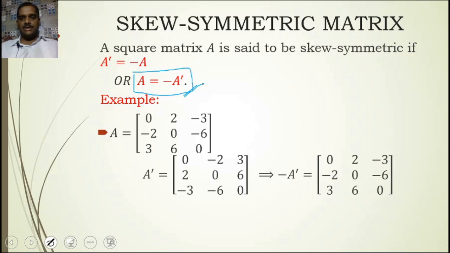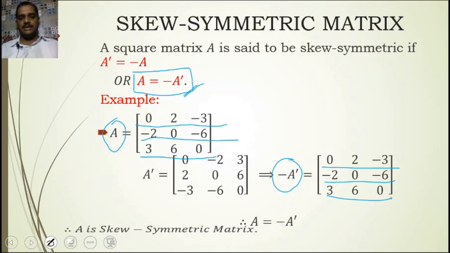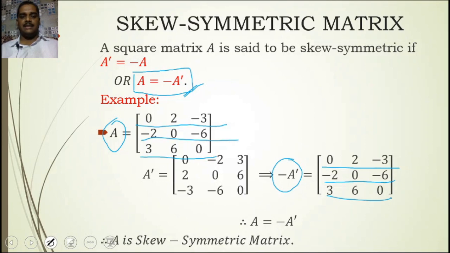After that, you compare this minus of A transpose with this A. If we compare, you can see all elements are the same. All elements are matching. So we have A equals minus of A transpose.